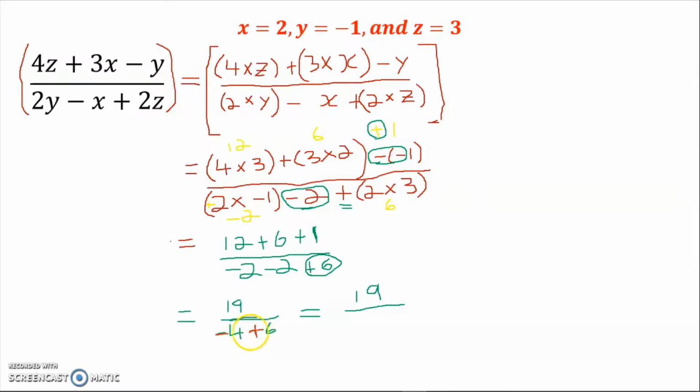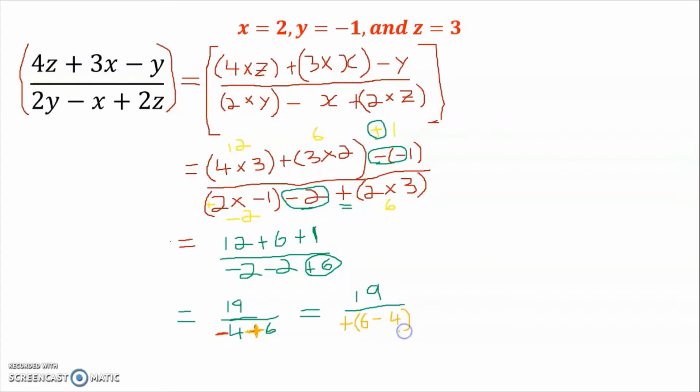Negative 4 plus 6, the signs are different. We have negative 4 and positive 6. When the signs are different, we subtract and keep the sign of the larger number. We know the larger number is 6, which is positive, so our answer will be positive. The larger number, 6, minus 4, which is smaller than 6.